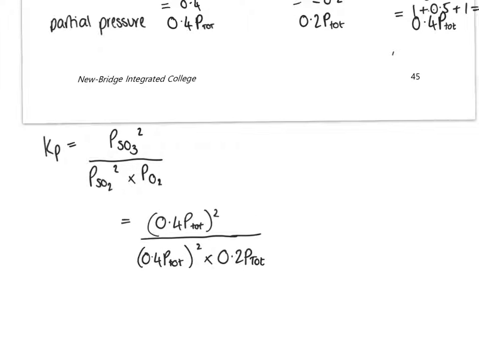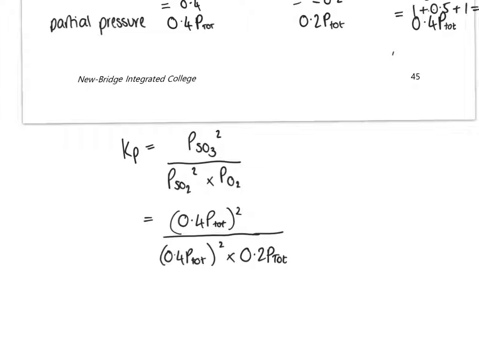And the question tells me that Kp is equal to 0.125. I want to simplify this down a little bit. You can multiply out your brackets, but we can see that we have something common on the top half and the bottom half of the equation.